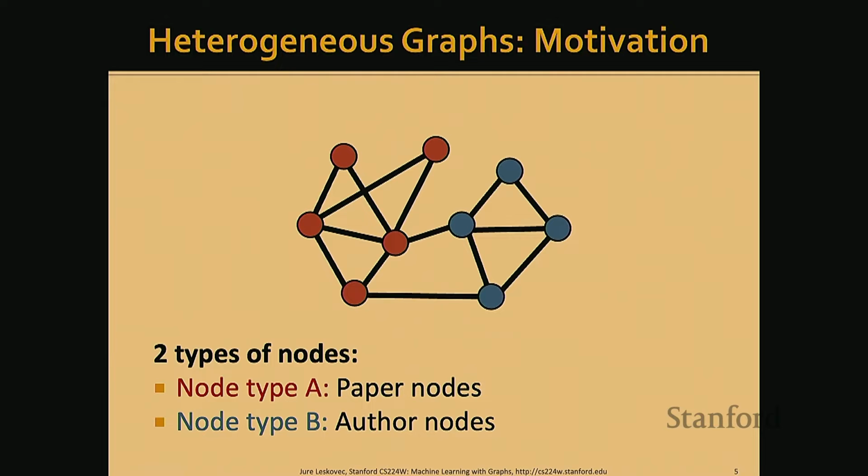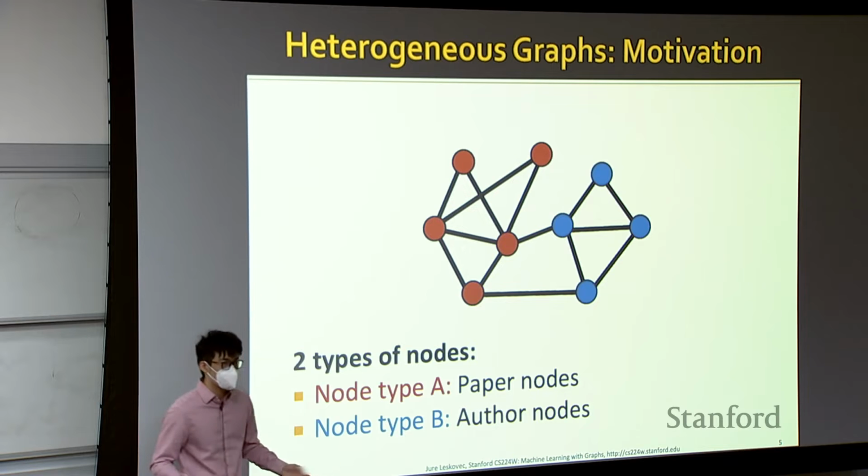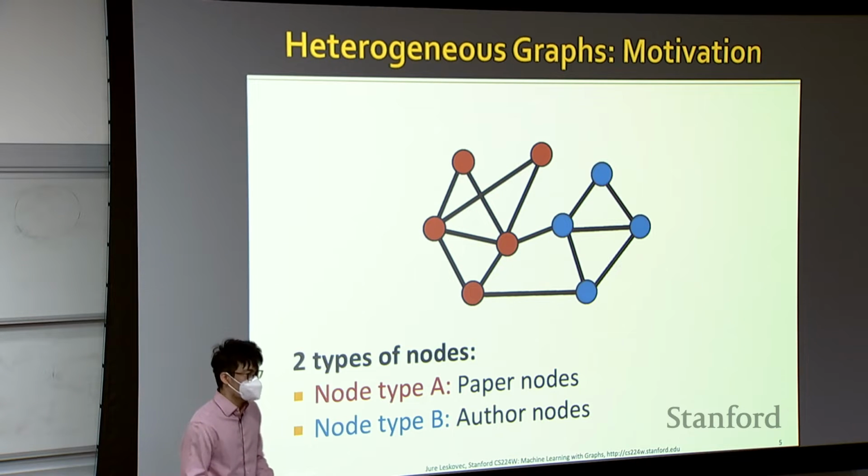Usually we will treat papers and authors differently. Say we have some paper-specific attributes like the number of pages, the topic of the paper, and we can have some other attributes for the authors, like maybe the nationality of the author, which school the author belongs to. Because these different nodes could have different attributes, it would be natural that we can represent them as 2 separate types, and then we want to represent such types in the network.